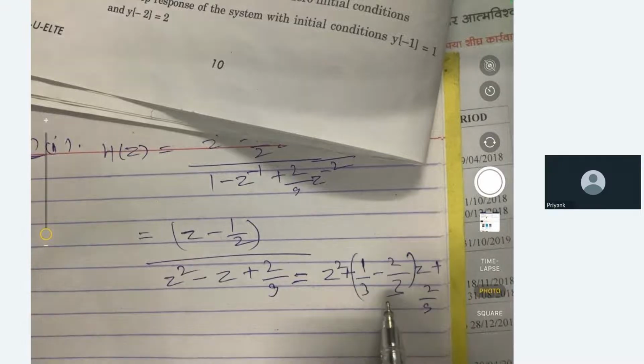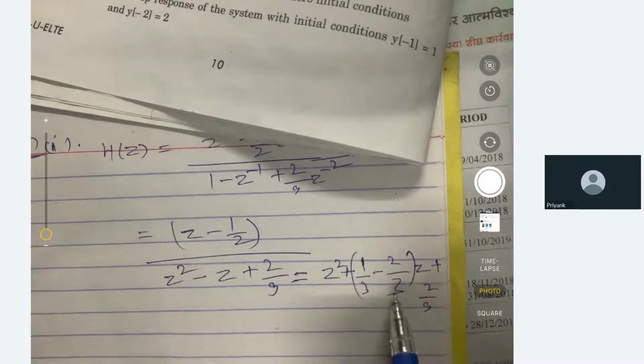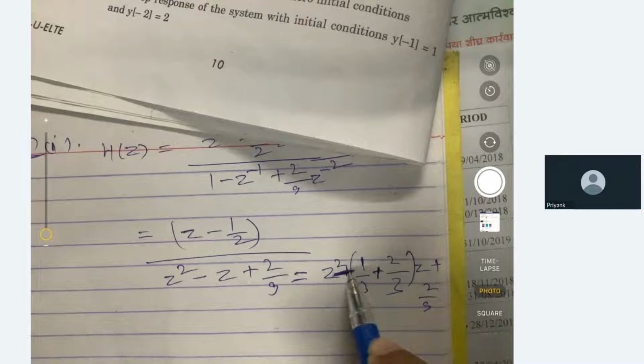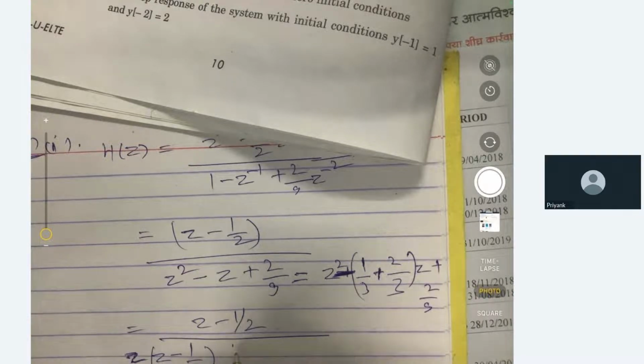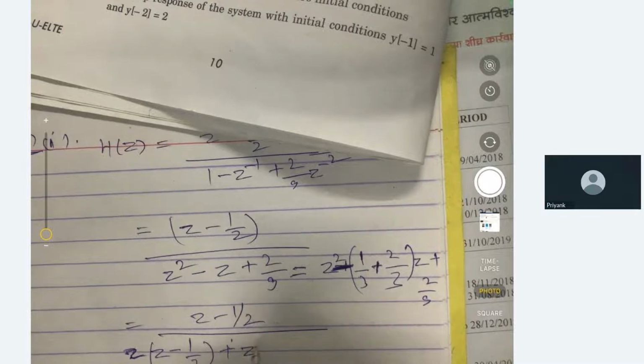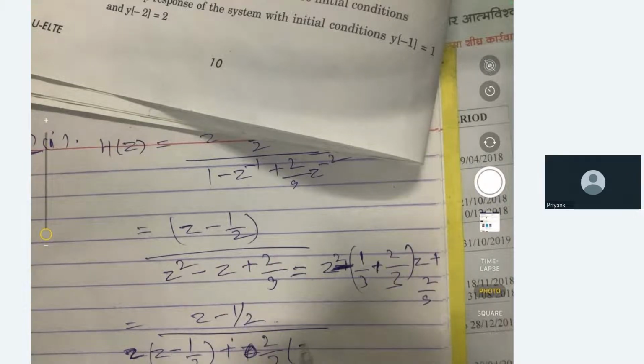Okay, no, that will not be okay. 1 by 3 plus 2 by 3, and let's take the minus outside, then it will be okay. So Z minus 1 by 2 upon Z minus 1 by 3 into 2 by 3 into... I think I am making some mistake.